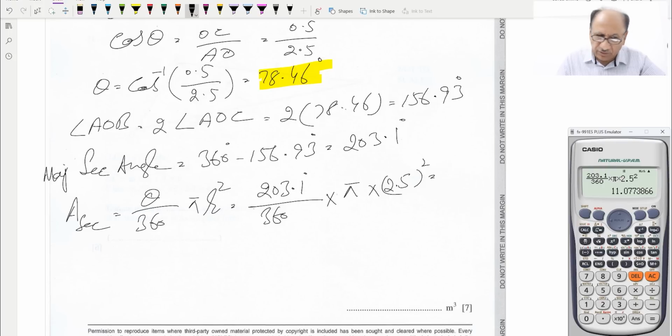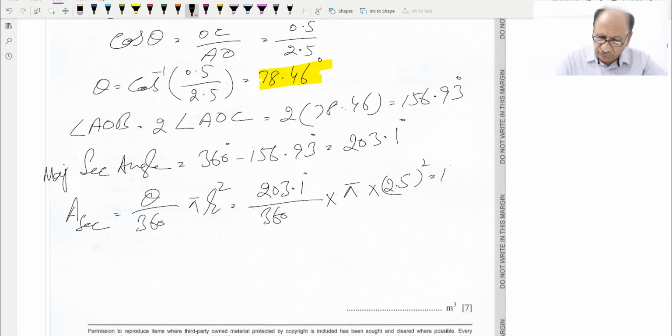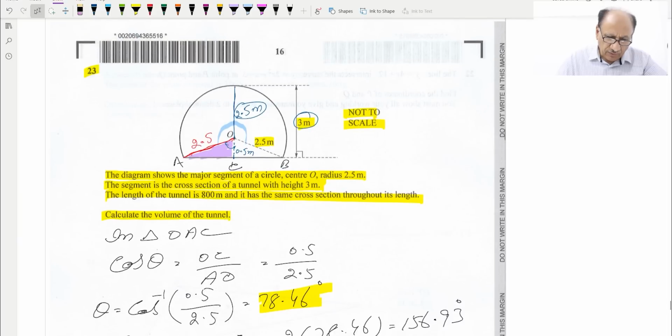This is equal to 11.077 meters squared. And in this, we need to add the triangle area also.